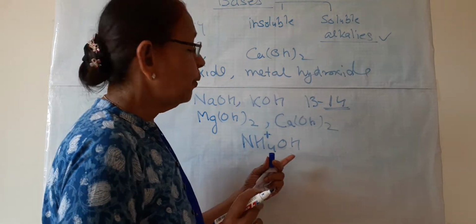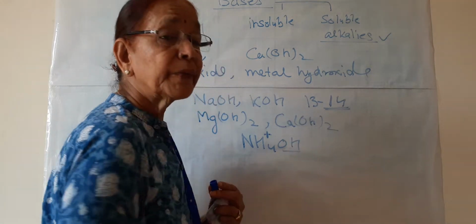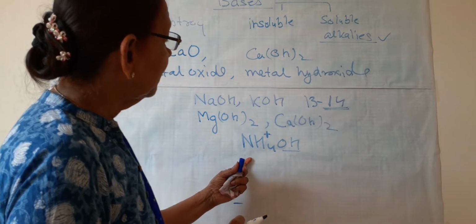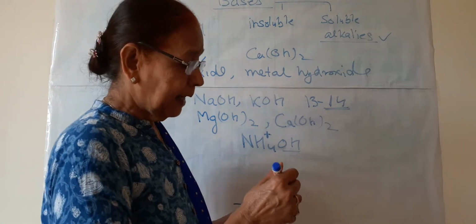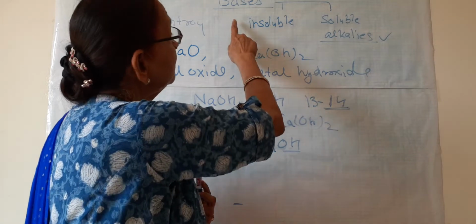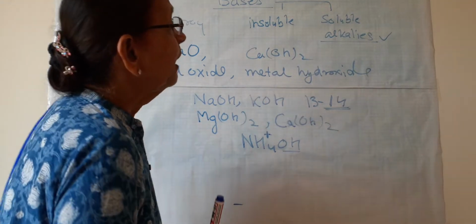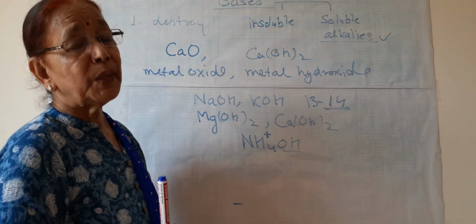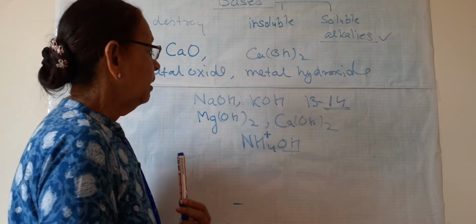So NH4OH is an alkali which gives OH ion in solution. So this is a weak alkali. These are some examples of alkalis. Alkalis are more important than simple insoluble bases because with alkalis reactions take place in water or aqueous solution.